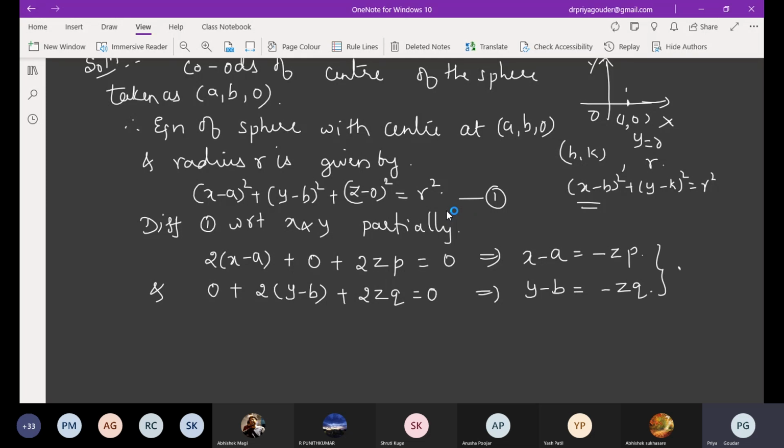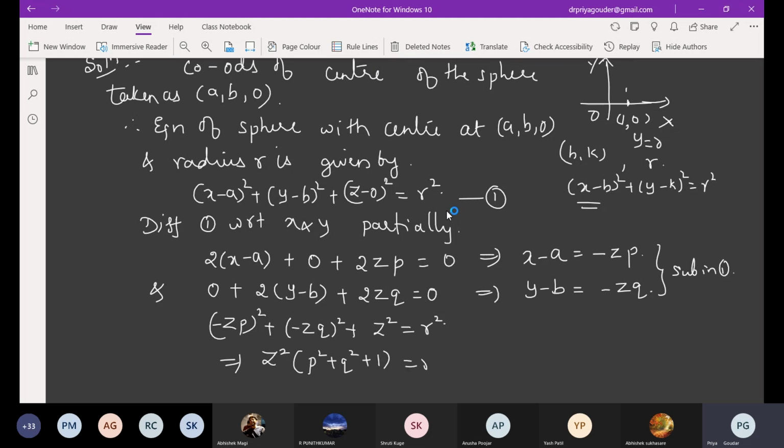Let us substitute these in equation 1: (minus zp) square plus (minus zq) whole square plus z square, with z square as it is. If you simplify, you get z square common: z square into (p square plus q square plus 1).